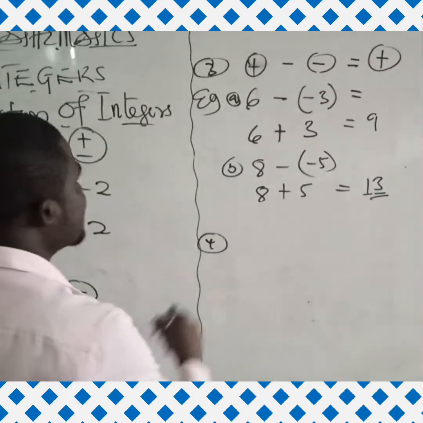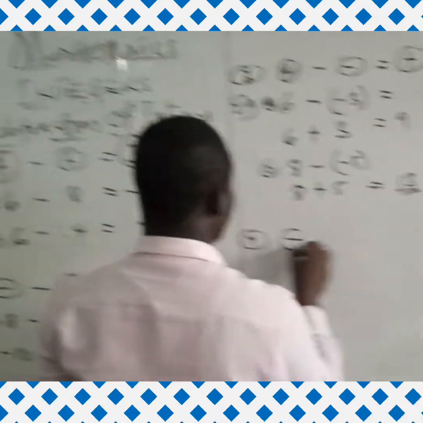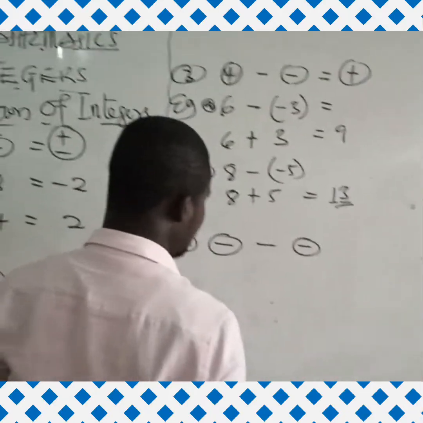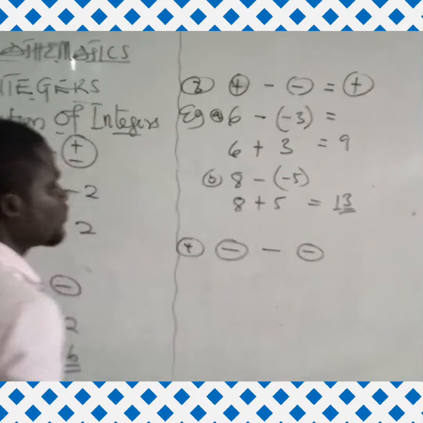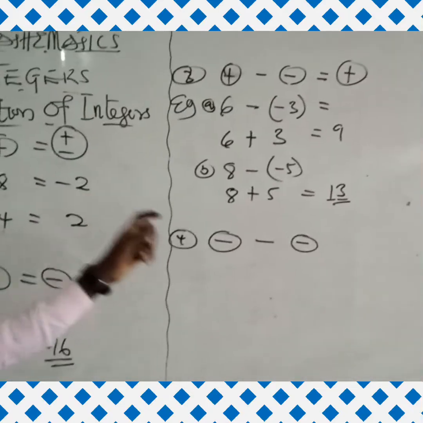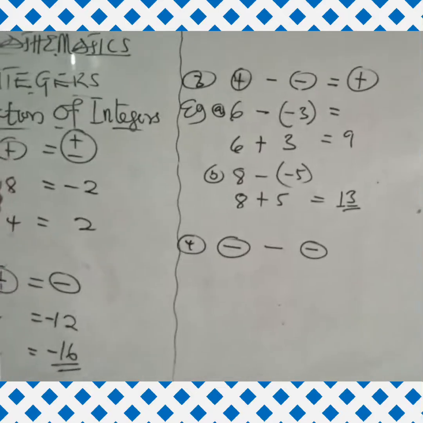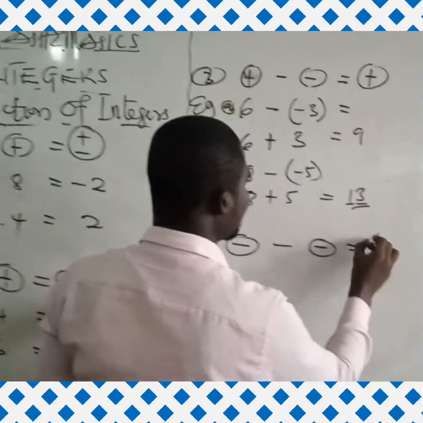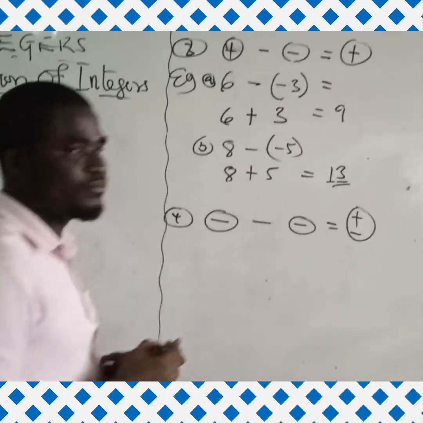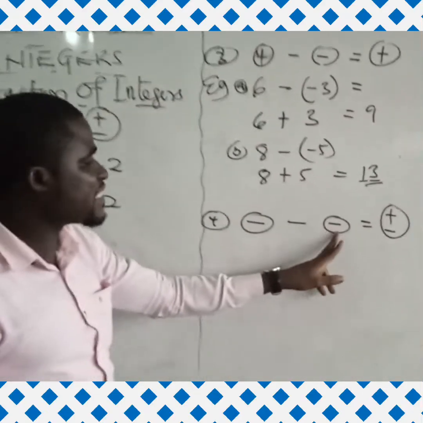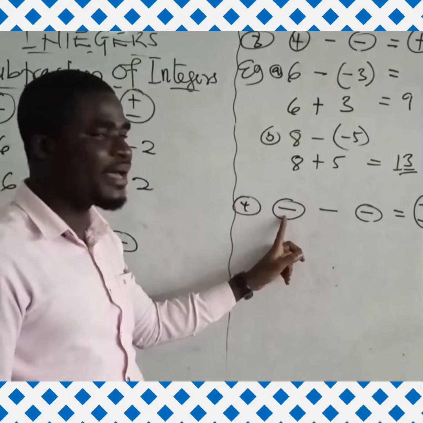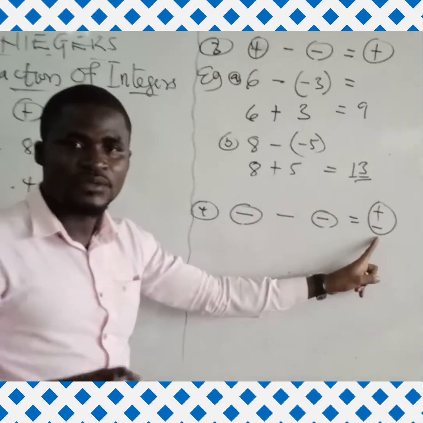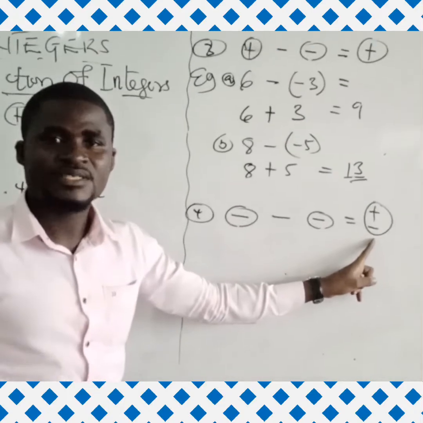Number 4. Number 4 says that when negative minus negative will give us either positive or negative. Whenever you subtract a negative number from a negative number, the answer will be either positive or negative. Let's prove it.